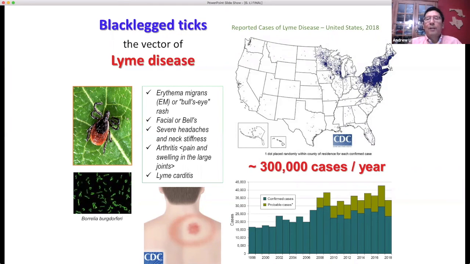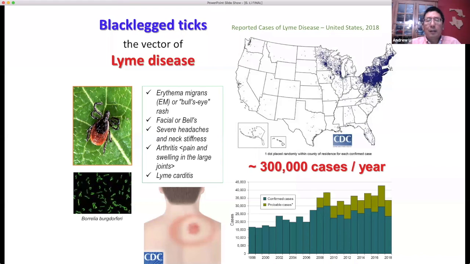Again from the CDC website, this shows where Lyme disease occurs. You can see it is concentrated in northeastern states and the upper Midwest. Each year there are about 30,000 cases of Lyme disease reported to CDC.